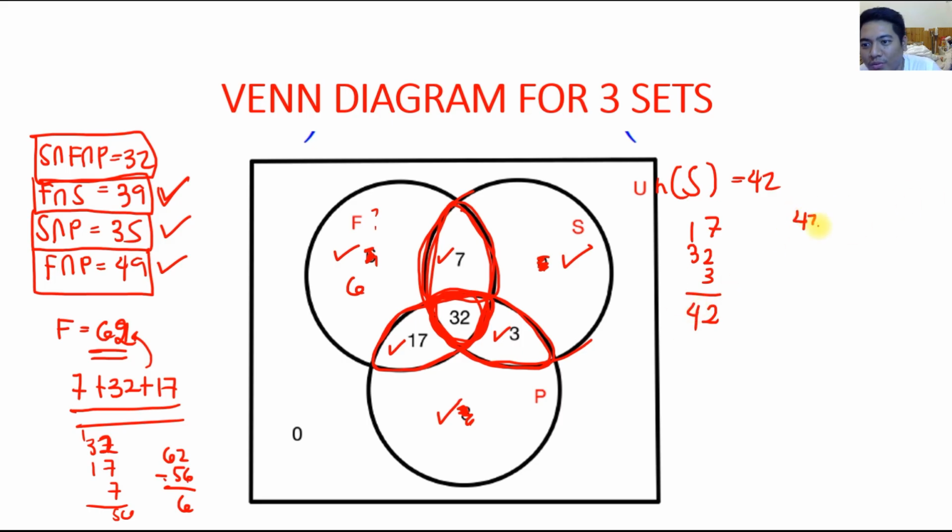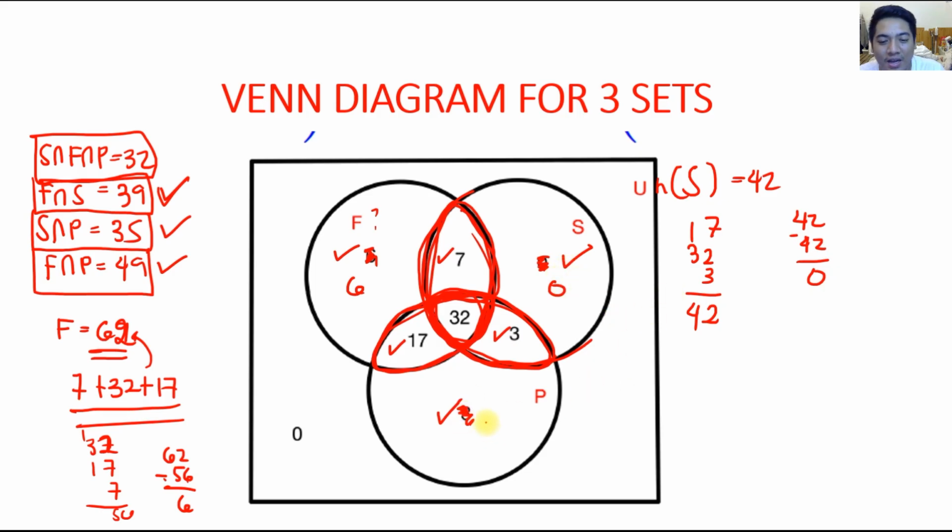So 42 minus 42 is 0. So we have 0 because all of the votes for The Spectacular Now come with a vote that is also a vote in The Fault in Our Stars, a vote in P, and of course a vote in F. So that's why there is 0 here.